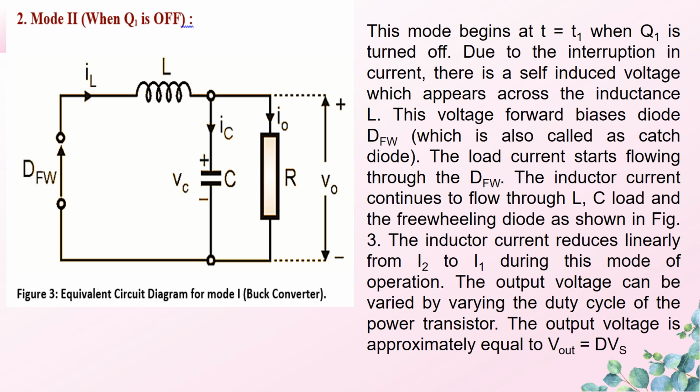The inductor current continues to flow through L, C and the freewheeling diode as shown in figure 3. The inductor current reduces linearly now from I2 to I1. The output voltage can be varied by varying the duty cycle of the power transistor. The output voltage is now approximately equal to Vout is equal to duty cycle D into Vs.